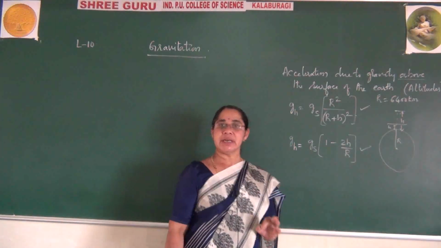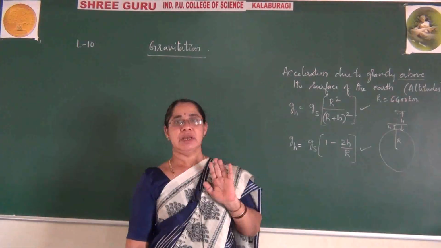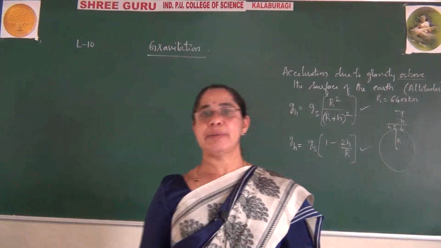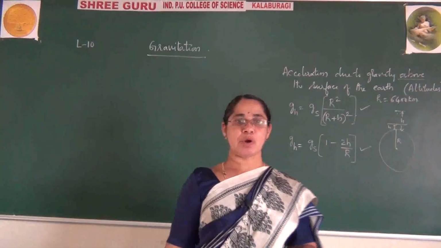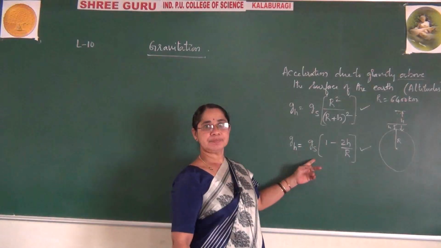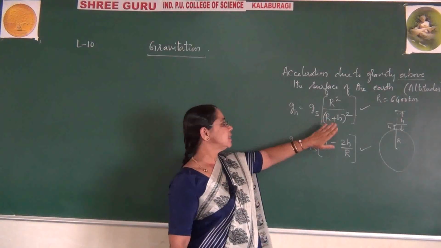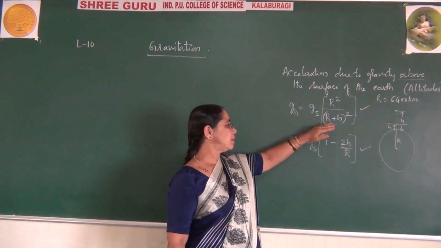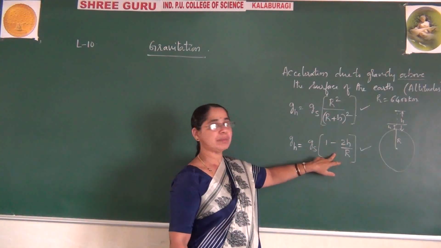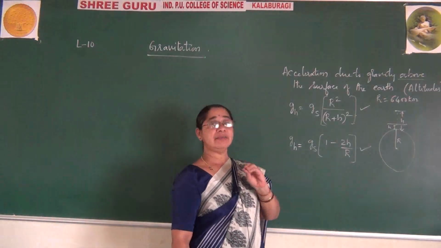Depending on the question, you have to select the suitable formula while solving problems. Whenever you come across objective type questions or maybe 5-mark problems, you have to be careful to use these formulas. If you are confused and use the wrong formula, at that time the answer goes wrong. Let me highlight that by giving one example.